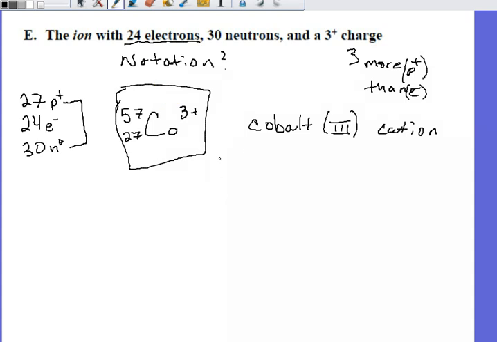If you have an isotope of an element whose nucleus is not stable, the protons and neutrons are not in a favorable enough ratio, it will break apart and form a new element, because it could lose some protons, or a neutron could become a proton, all kinds of different things like that. But this will get you the notation for this kind of problem to help you solve it.